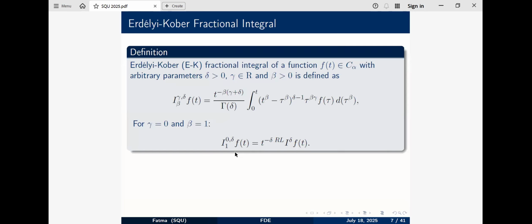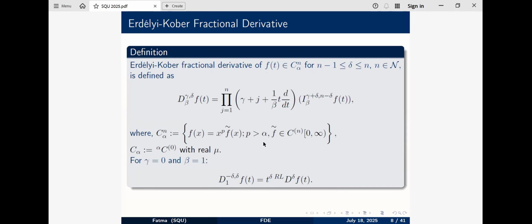I also need to recall the Erdélyi-Kober fractional integral. The Erdélyi-Kober integral has 3 parameters and is given by this integral. If gamma is 0 and beta is equal to 1, it reduces to the Riemann-Liouville integral times a power function. I also need to recall the Erdélyi-Kober fractional derivative.